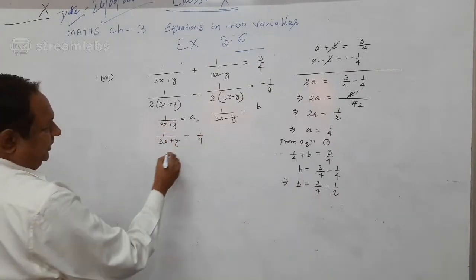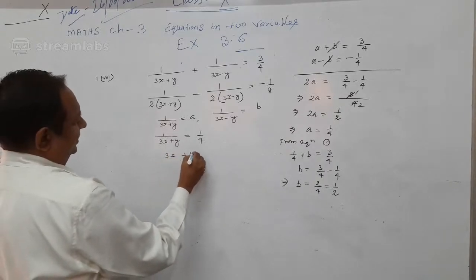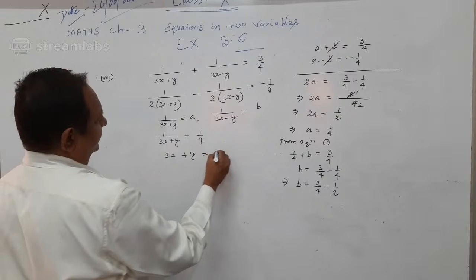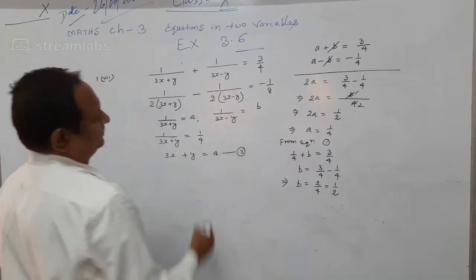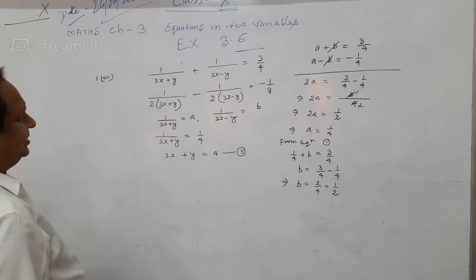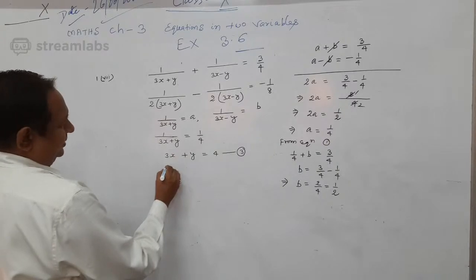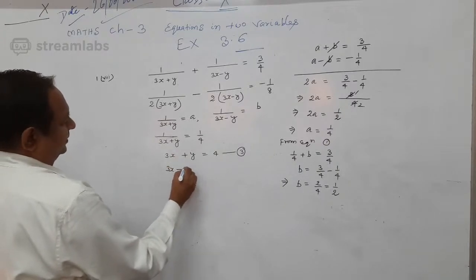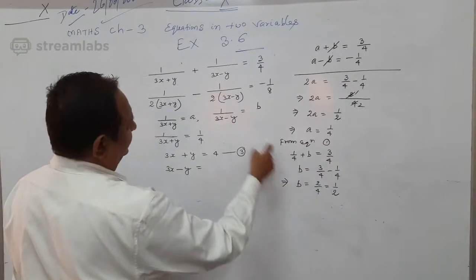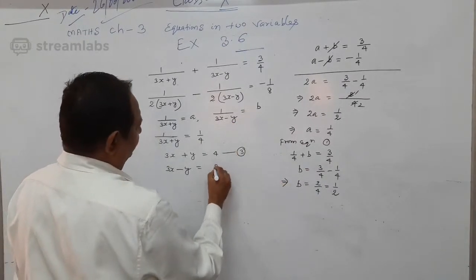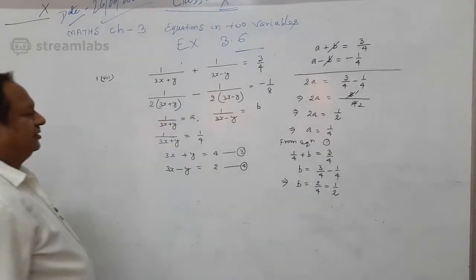By cross multiplication, we get 3x plus y is equal to 4. Say equation number 3. Similarly, 3x minus y is equal to, in place of b it is 1 by 2, so this will become 2. Say equation number 4.